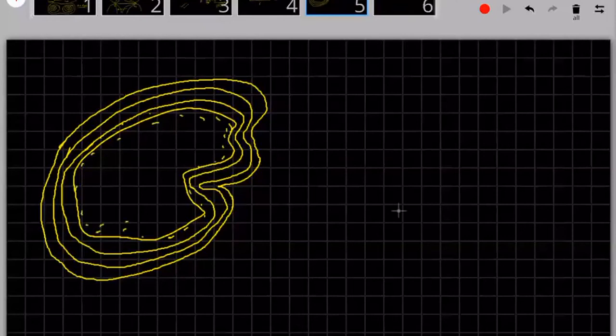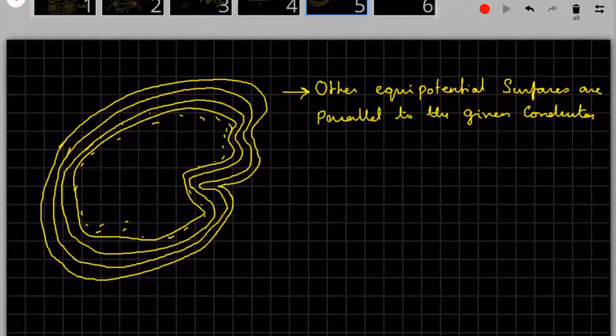Now the other equipotential surfaces are parallel to the given conductor. So that is what it will work out.